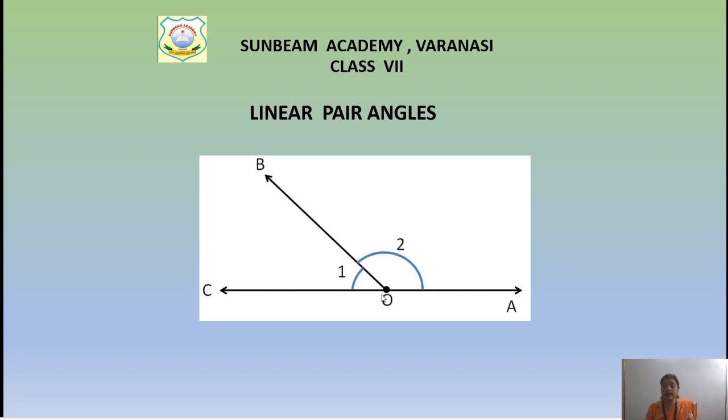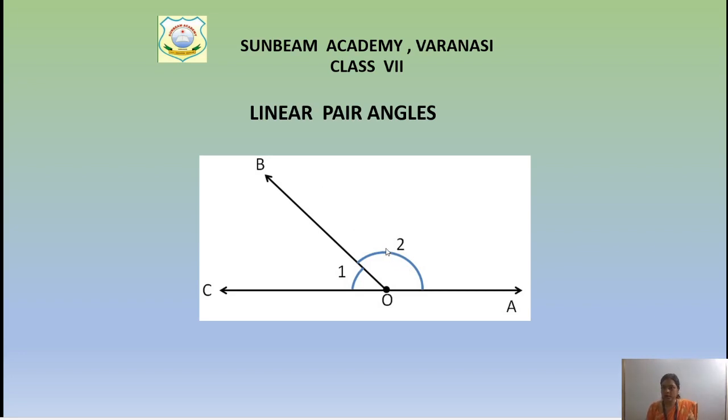So if you have such adjacent angles, where I have explained the definition, they will have a common vertex, here it is O, in angle 1 also and in angle 2 also. And there should be a common arm. Which one is the common arm? OB is the common arm.